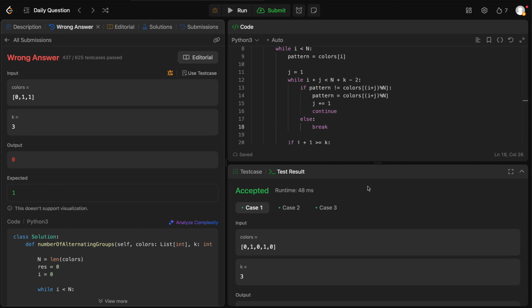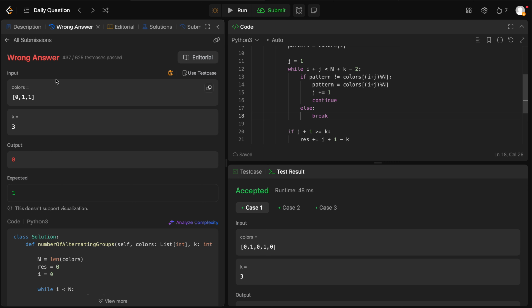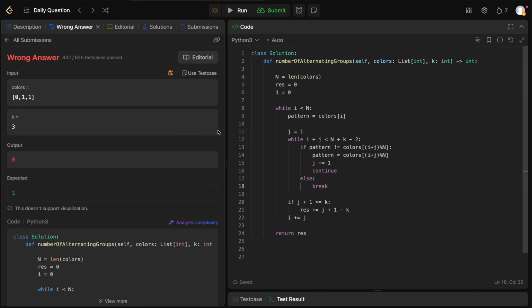Okay. Why is this not wrong? So 0, 1, 2. 0 and 1 did not work. Let me check this one out. So 0 and 1 did not work. 0 was good.